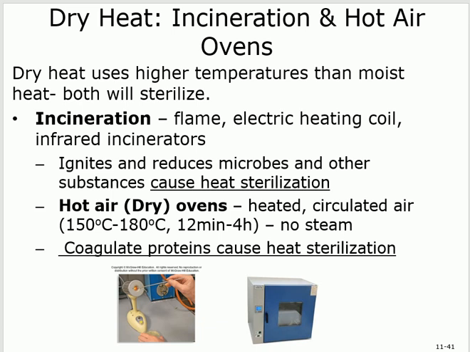So can incineration and hot air ovens sterilize? Yes, they can, but at higher temperatures. So do you remember 4 now? It's not 2. Autoclave is 1. The thermalization is 2. Incineration and hot air oven or dry air oven, all of these can do it.